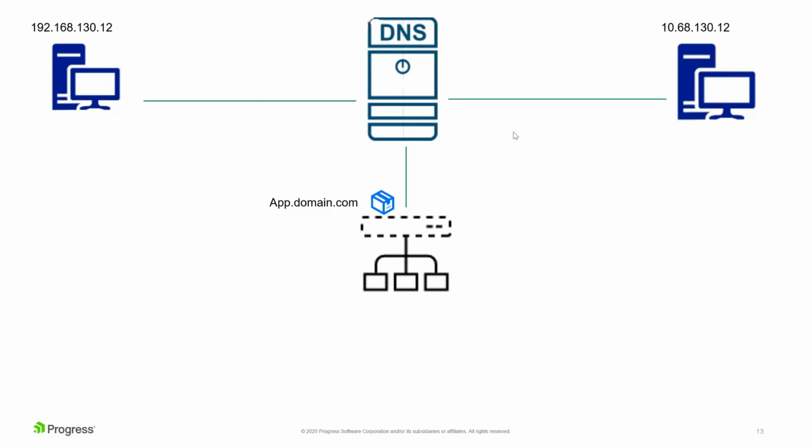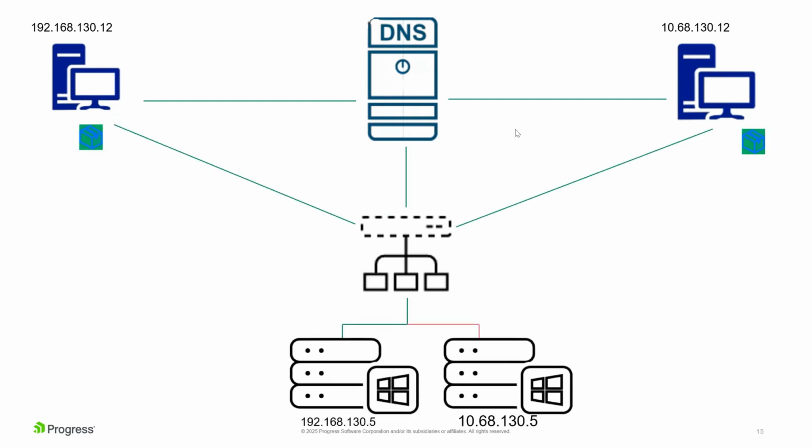The load balancer looks at the query that it has received, and it responds back with an IP address. The DNS server then sends that back to the client, and the client is able to make a request to the load balancer, which in turn is going to route that to the correct resource pool on the backend. Now, what happened over here?